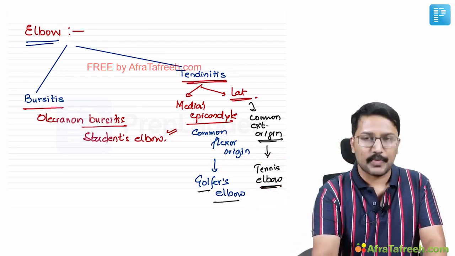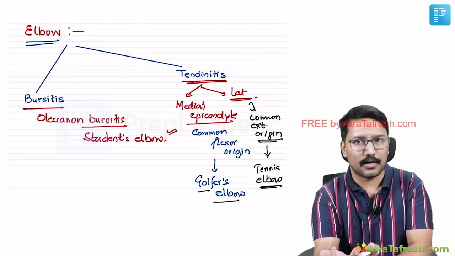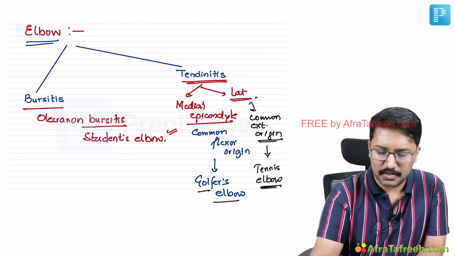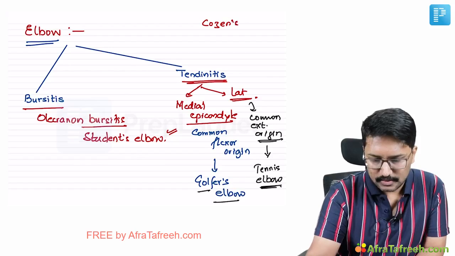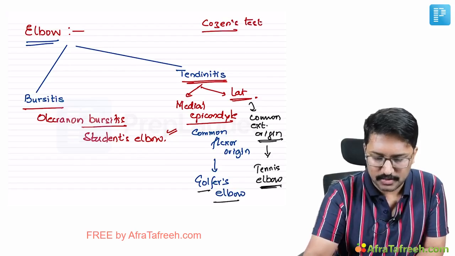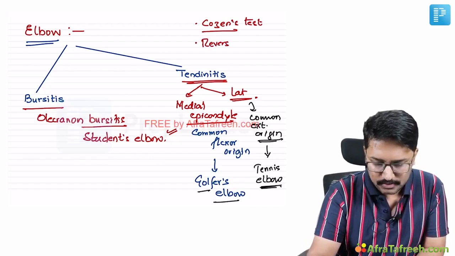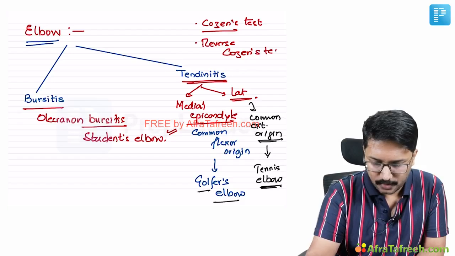Now, how do we examine patients who present with pain affecting either the medial epicondyle or the lateral epicondyle? Now we have to confirm this, right? So again, confirmation has to be through a provocation test. So the test is known as Cozen's test, right? There are two types of Cozen's test: the conventional Cozen's test and the reverse or inverse Cozen's test. Okay.